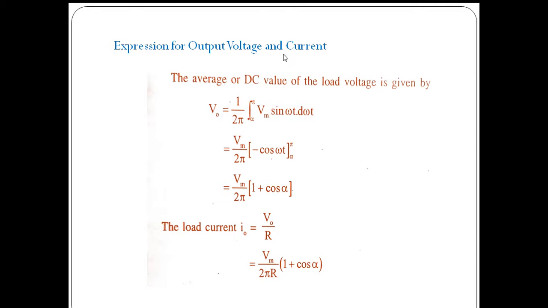So here we are going to get the expression for output voltage and current. The average DC value of load voltage is found as follows. The input is a sinusoidal waveform, so Vs equals Vm sin omega t. The total duration of time is 2 pi, and the SCR conducts from alpha to pi.